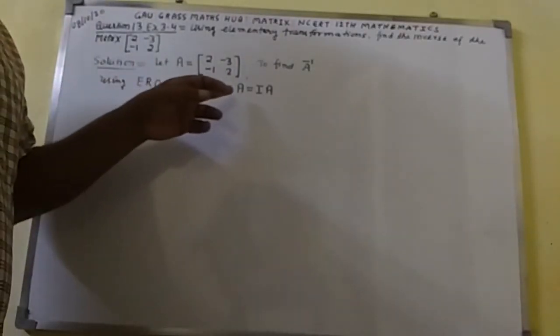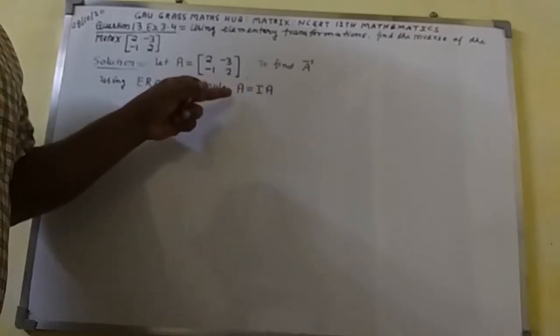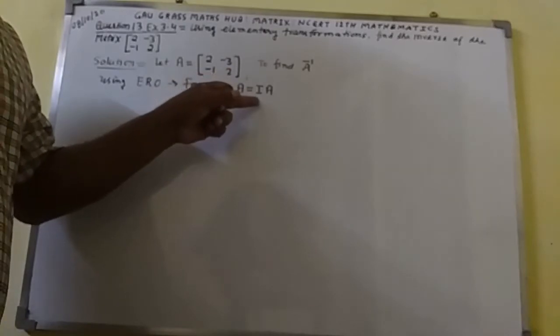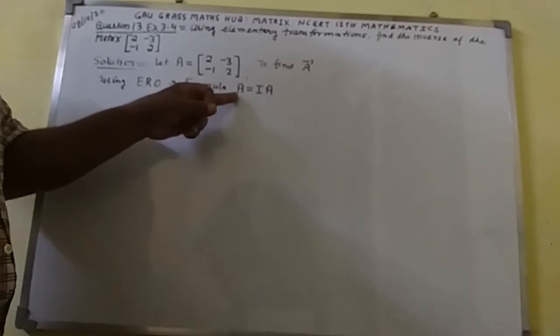For elementary row operation, the formula is A equal to IA, where A is the given matrix, I is the identity matrix, A is the given matrix. So here you can see I have written A. In place of A, I shall write this given matrix.